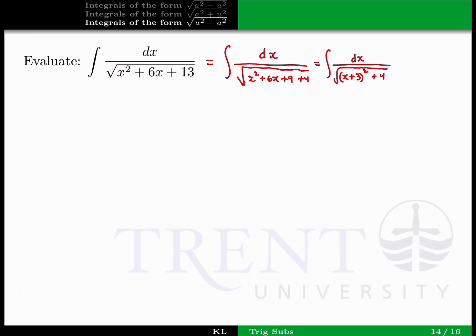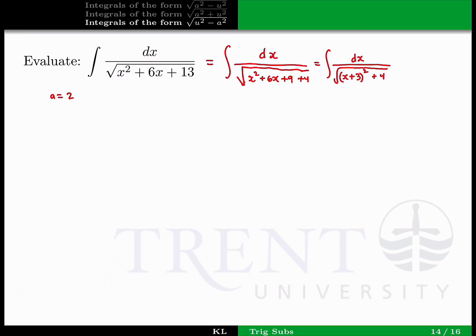So now you have here function squared plus some constant. So this is the second form. So we use tangent substitution. Our a, that's equal to 2.